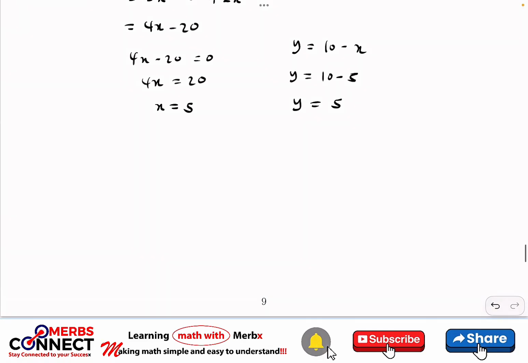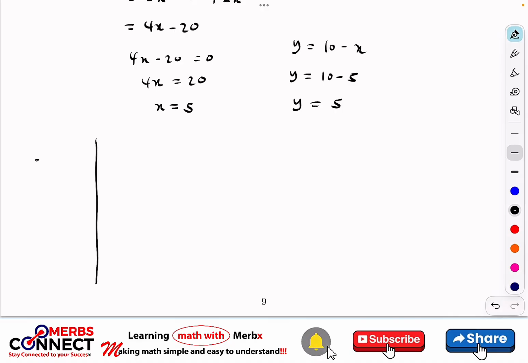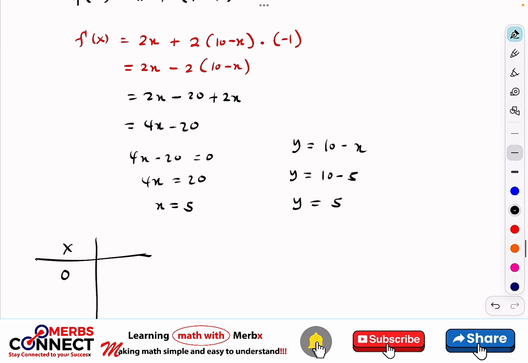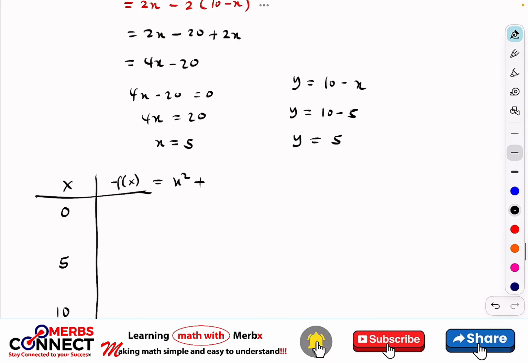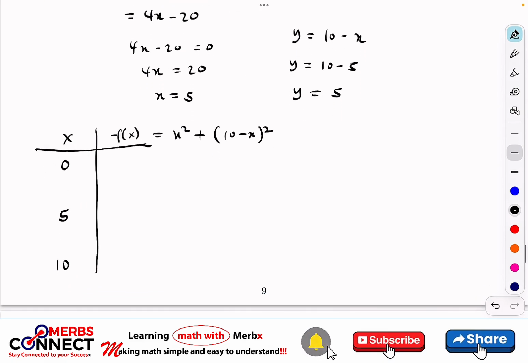We're using the domain so that we can know that x equal to 5 is the one that minimizes the function. So let's have our x. The domain is 0 and 10, and our critical point is 5. The function f of x is x squared plus 10 minus x squared. Plug in 0.